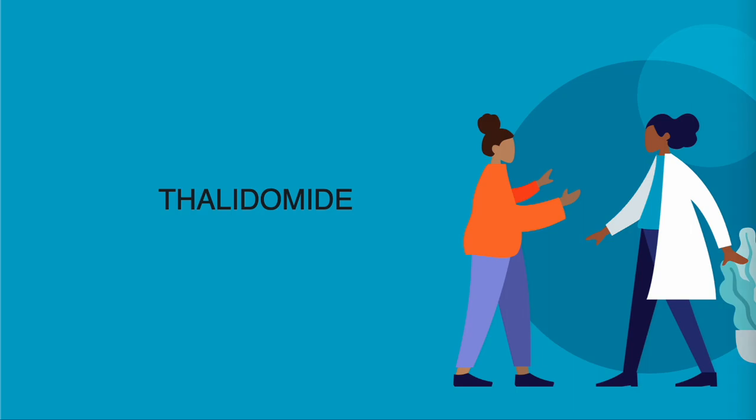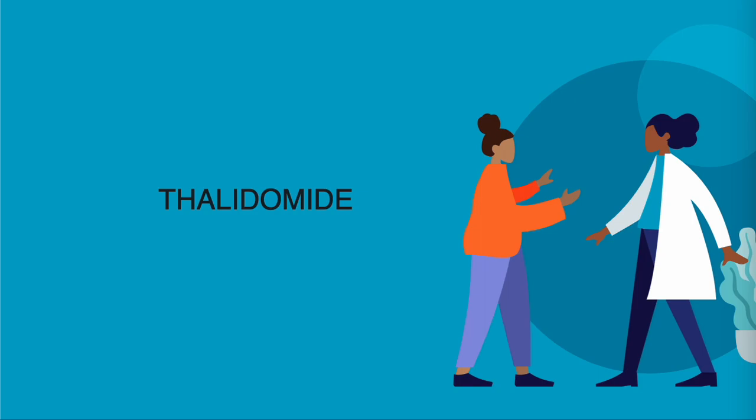Thalidomide. Thalidomide is a very popular drug, and it is famously known for the thalidomide tragedy that occurred in the UK in the 1960s because of its teratogenic effect in neonates and the limb defects that occurred due to thalidomide, after which it was stopped. But here we will not discuss the teratogenic effect.